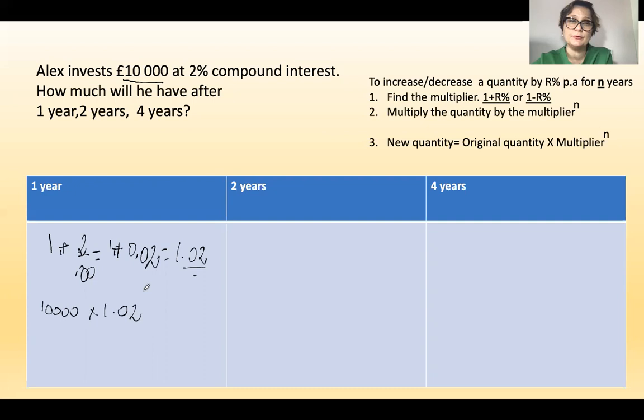I'm going to put it to the power of 1, just so that you understand after 2 years and 4 years. And the answer to this one is going to be £10,200. So this is how much Alex is going to have after 1 year.